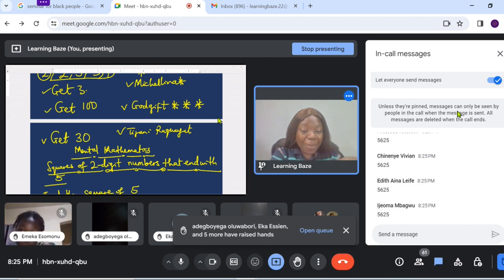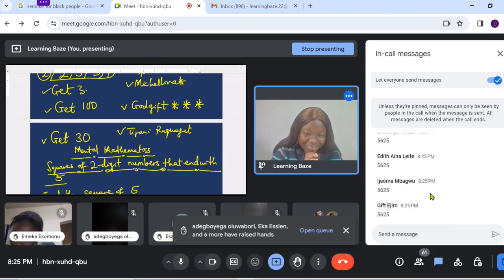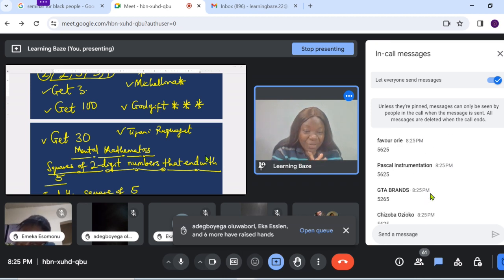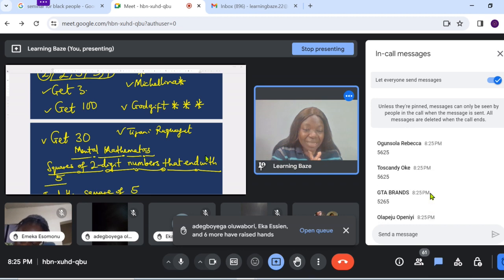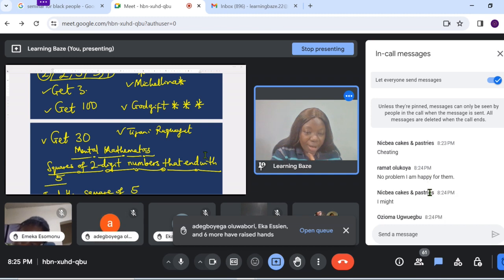Keep typing. First 3 gets my 2 stars. First 3 gets the double star.